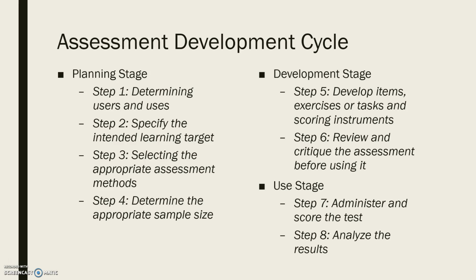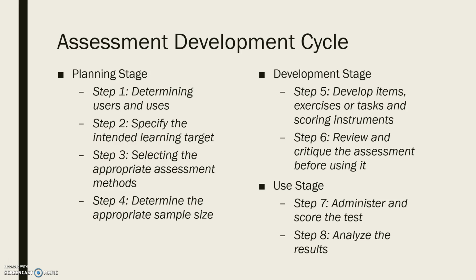During this step, a teacher could even seek review or advice from their peers to help evaluate different aspects that they may not have originally seen and may have missed. So step 6 is all about making sure the assessment is as fair and complete as possible before administering it.